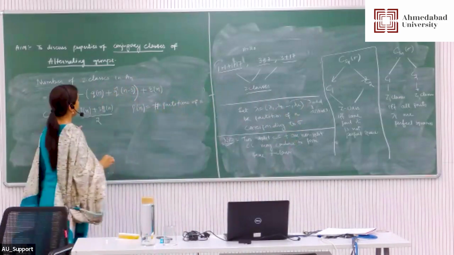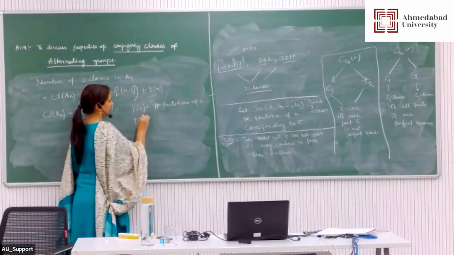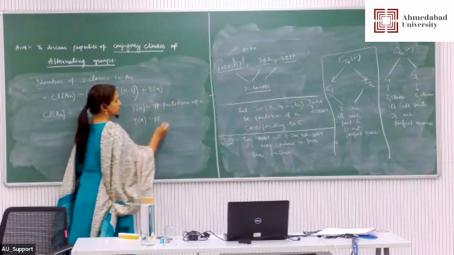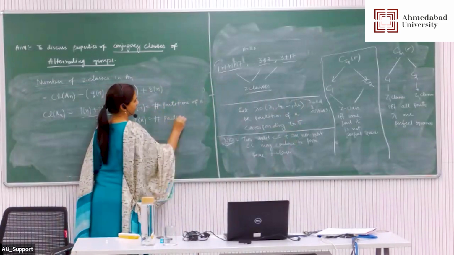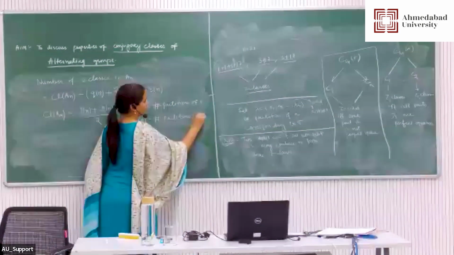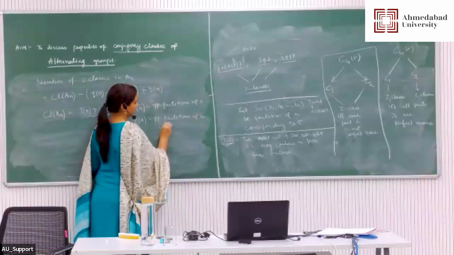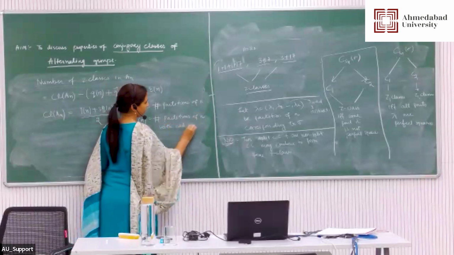And Qn is the number of partitions of N with odd and distinct parts.